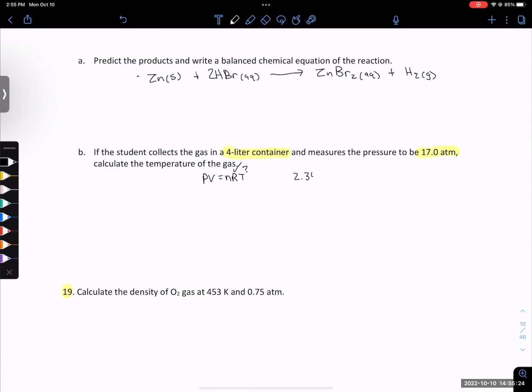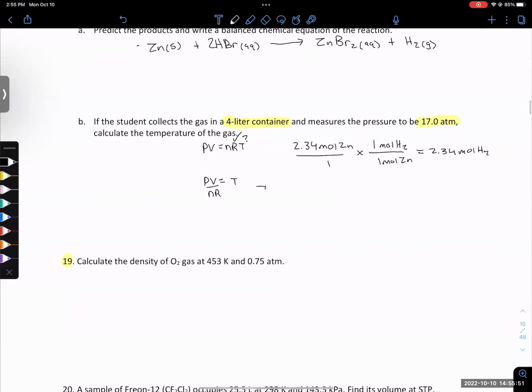So 2.34 moles of zinc. And it's a 1-to-1 ratio, right? So 1 mole of H2 forms for every 1 mole of Zn. And that's going to give us 2.34 moles of H2. If we solve for T, we get PV over NR. Now we plug everything we have in here.